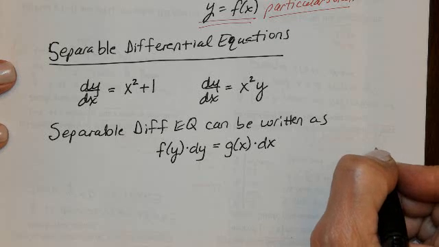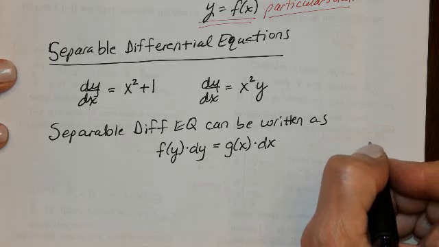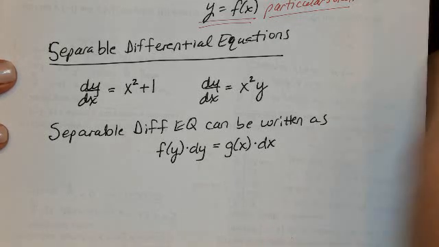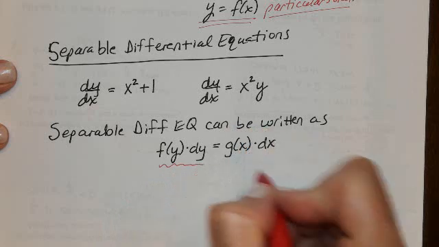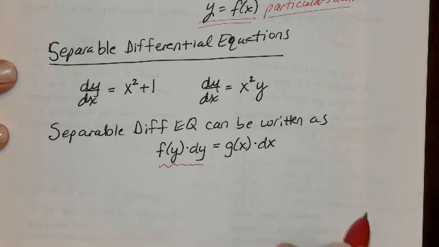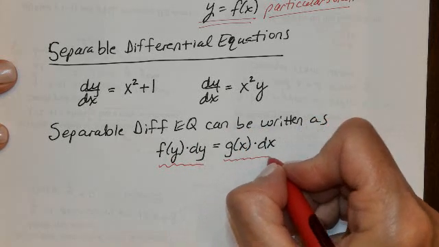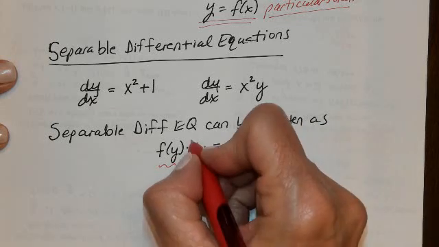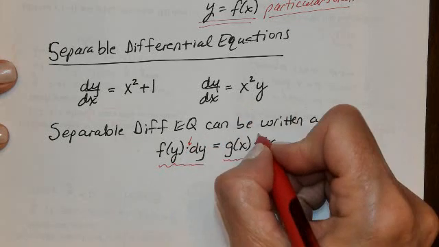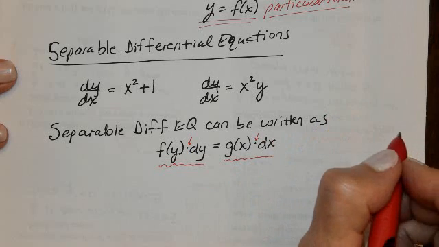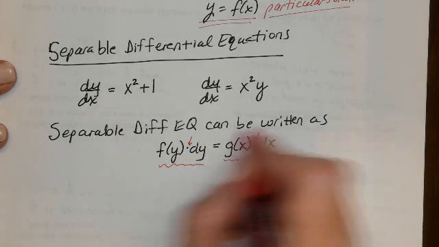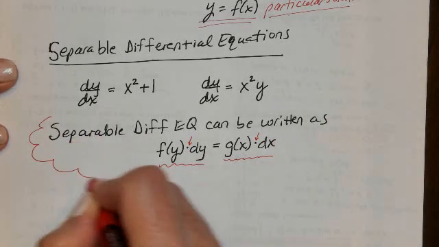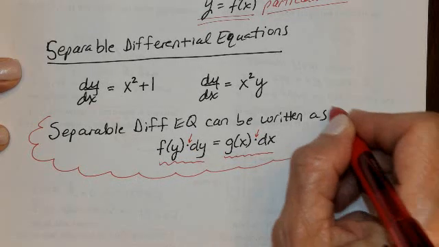This is why it's called separable, because we can get all of our y's on one side multiplied by dy, and all of our x's on the other side multiplied by dx. It has to be multiplied by dx. So that is what a separable differential equation is.